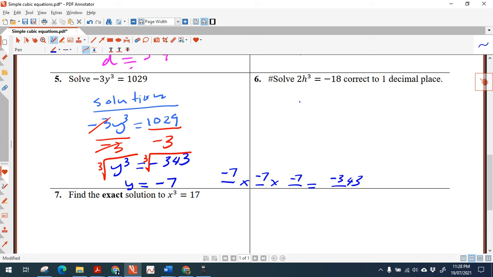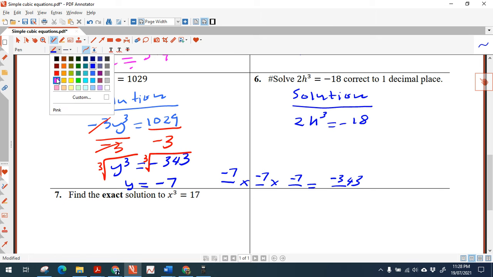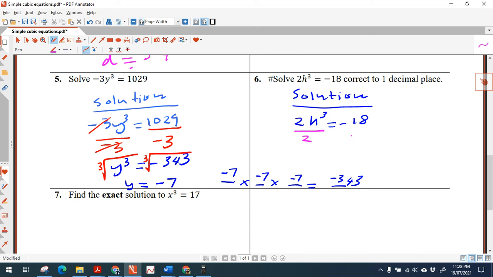Now, you're going to do the hashtag question. So we have 2h cubed equals negative 18. And then divide by 2. Divide by 2.